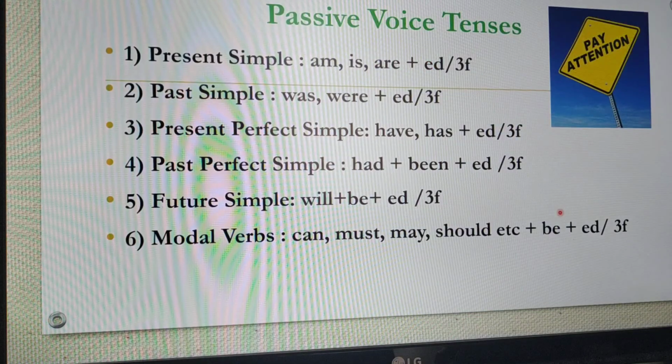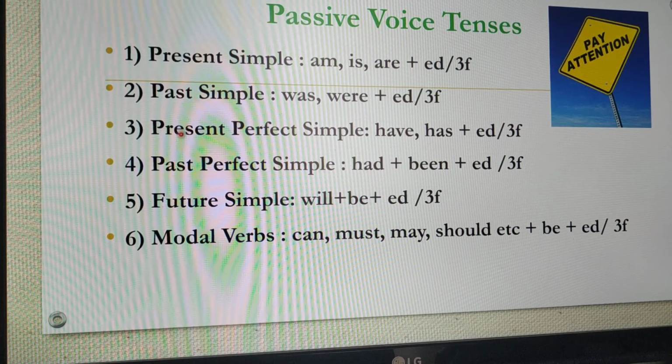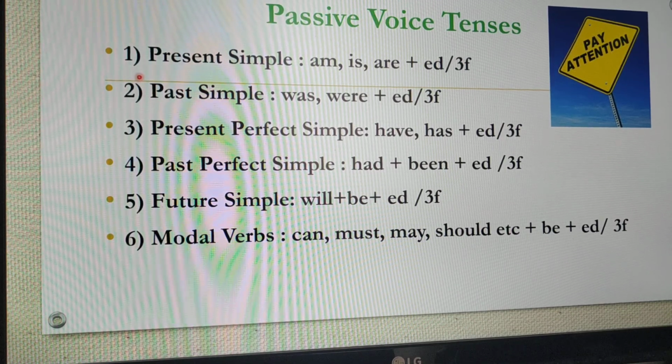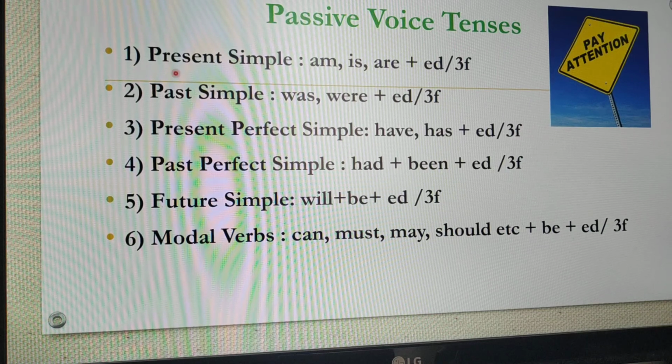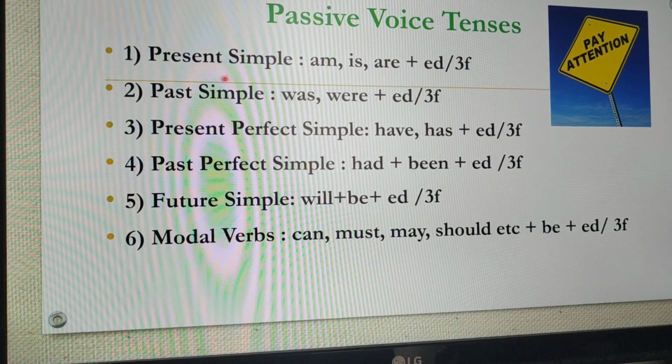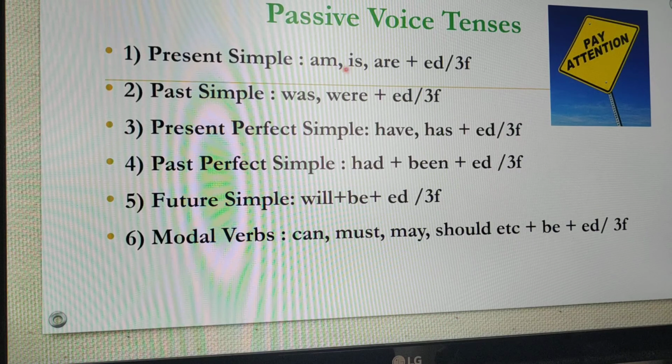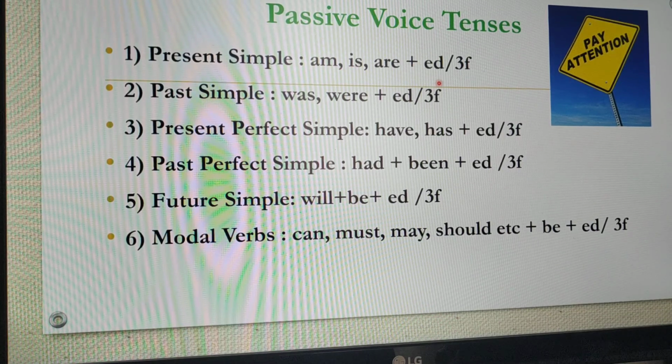Now let's move to the passive voice tenses. Here are the tenses that we use in the passive voice. Let's look at them. The first one is present simple tense, and its formula: am, is, are plus the ending ed for the regular verbs, and the third form for the irregular ones.